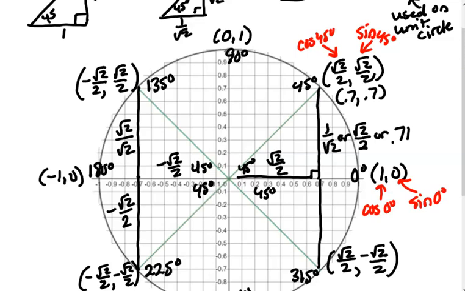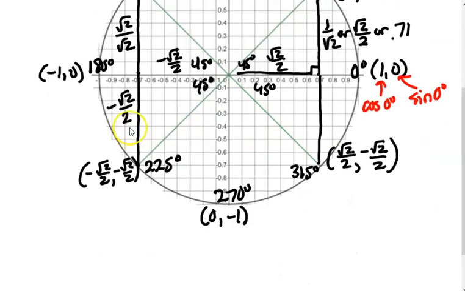Okay, so if I wanted to find cosine of 90, for example, cosine of 90 would be 0. Sine of 90 would be 1. Cosine of 135 would be negative square root of 2 over 2. Sine of 135 would be square root of 2 over 2. Sine of 180 would be 0, and cosine of 180 would be negative 1.